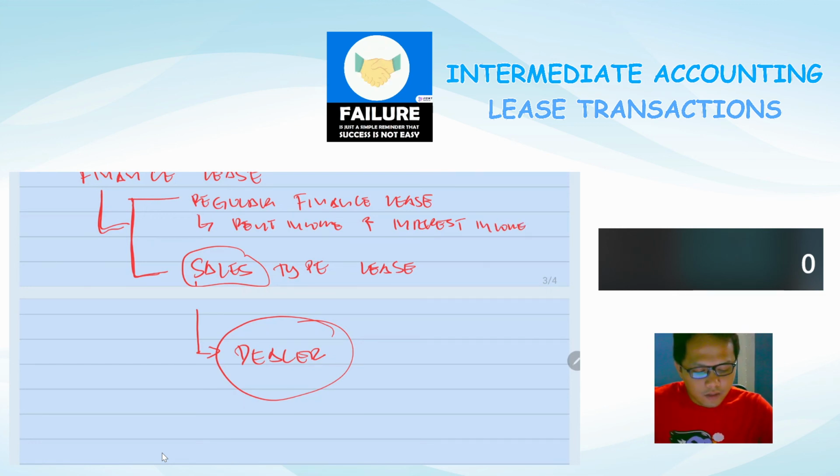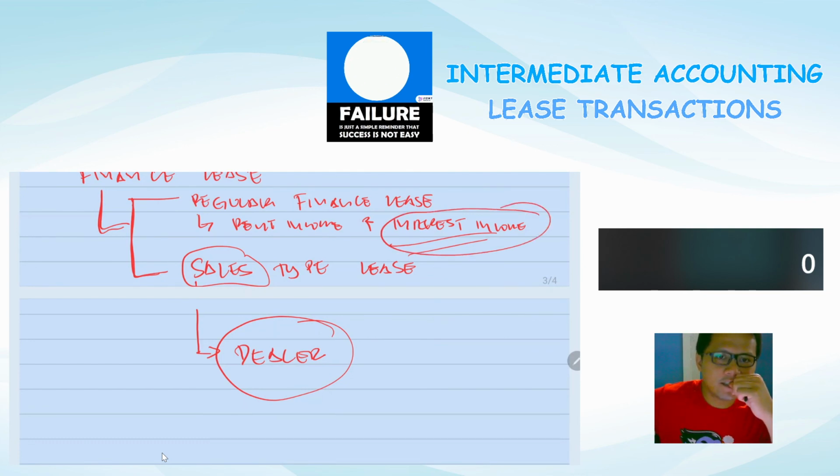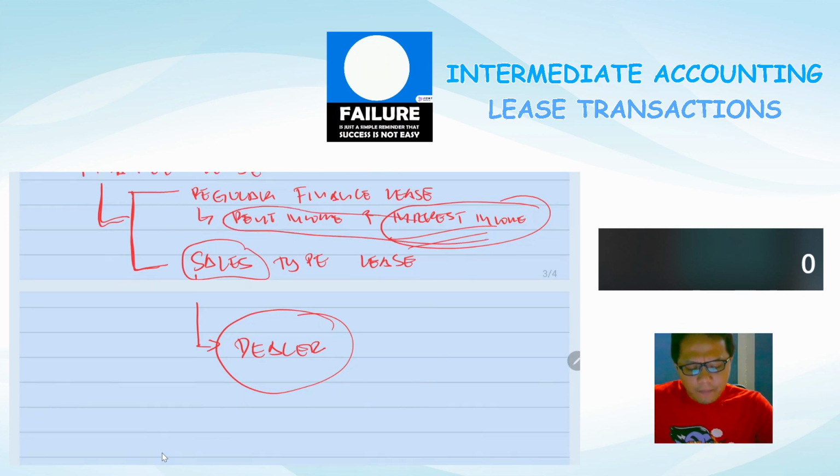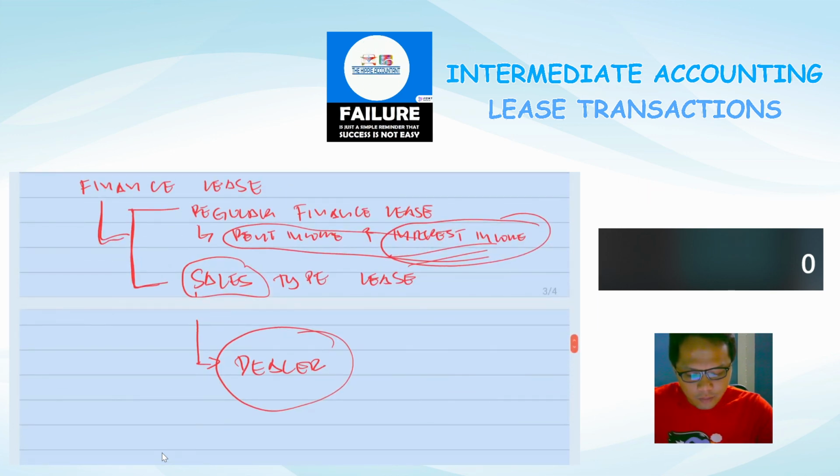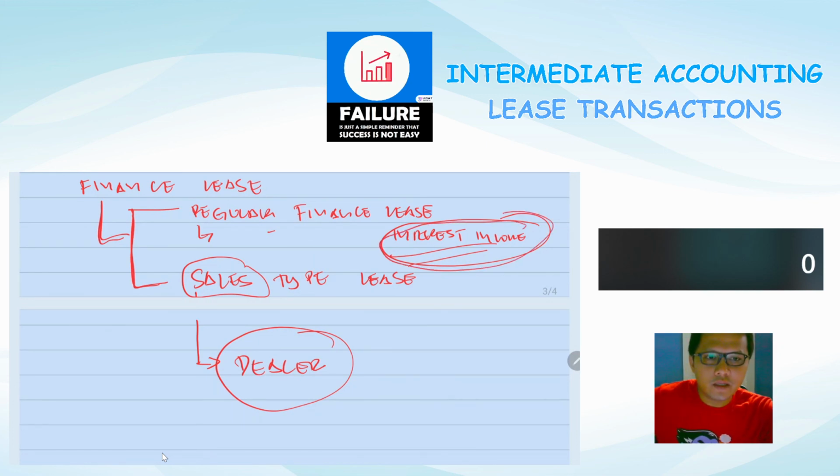Or kumbaga, you will only earn interest. However, pag sales type lease ka, sorry, let me go back. Walang rent income, but rather earned interest from the transaction.